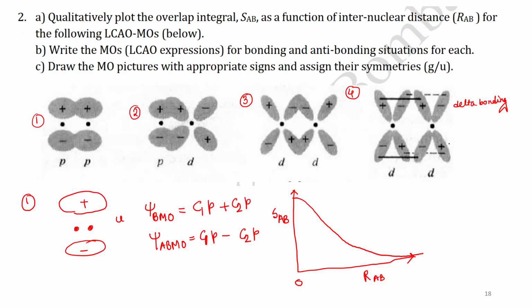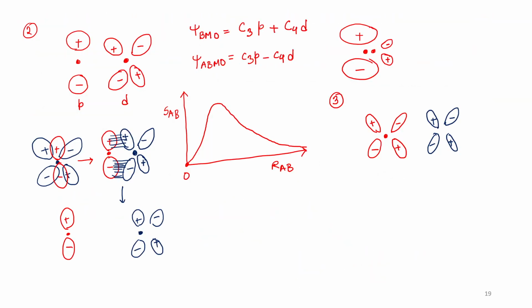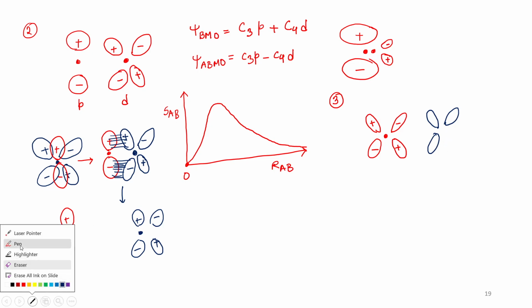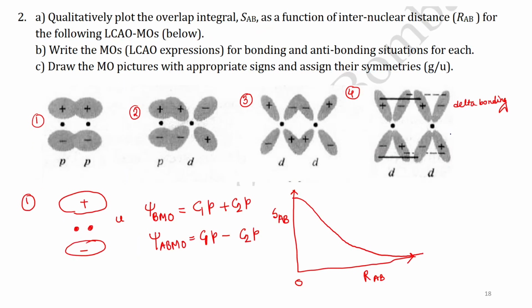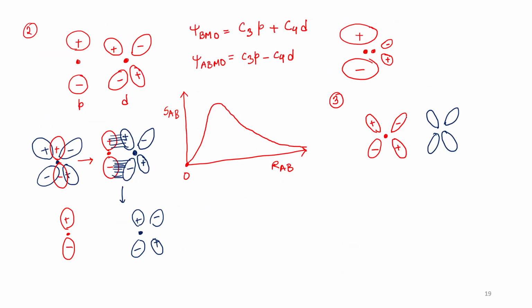Actually the signs are different in that case, so I'll erase the signs of these and try to cope up with the same plus plus, plus minus, minus minus, plus plus minus. So these are kept as minus plus, plus minus. This is one of the D, but you can say this is minus D, and this is another D.